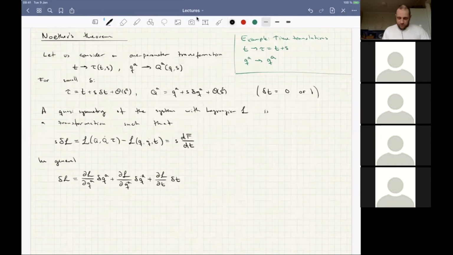If I have an on-shell solution, so this is true for any cube.